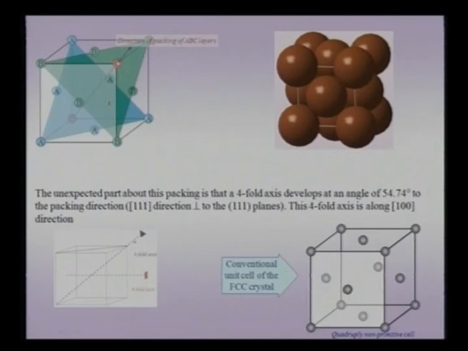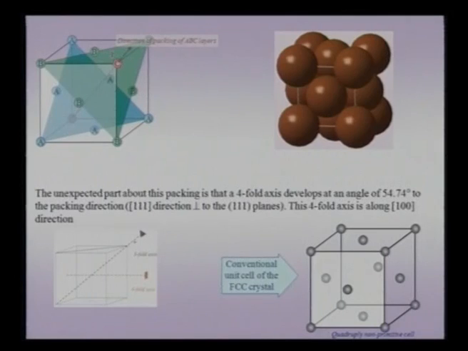Now when I do this kind of a packing, it is not surprising that the crystal I generate has not 6-fold but 3-fold symmetry. The 6-fold original layers had 6-fold symmetry, but this ABC packing has destroyed the 6-fold and has left us only with a 3-fold rotational symmetry.